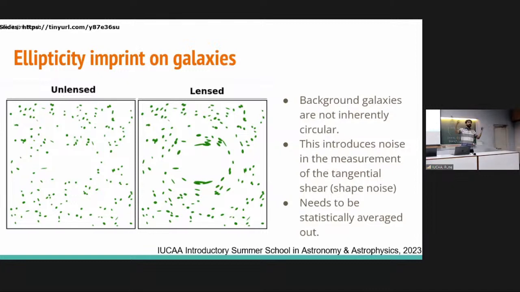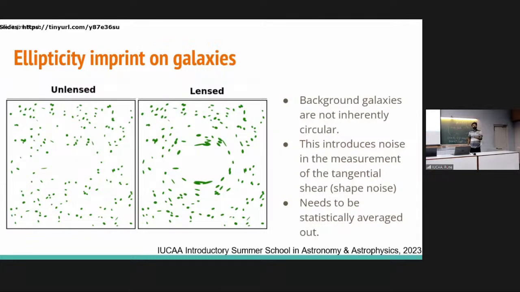So when you average many such galaxies, the intrinsic shapes will turn out to be zero when you average them, not individually, just because there is no particular orientation in the universe, right? And so you will average it out to zero. And then what remains is these coherent distortions which were imprinted on these galaxies because of the lensing.